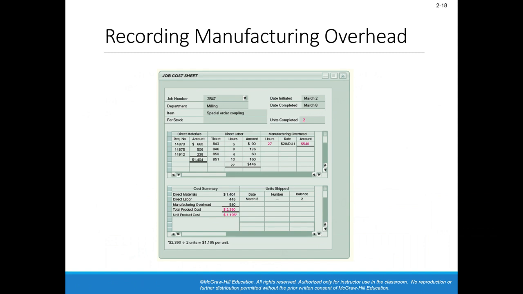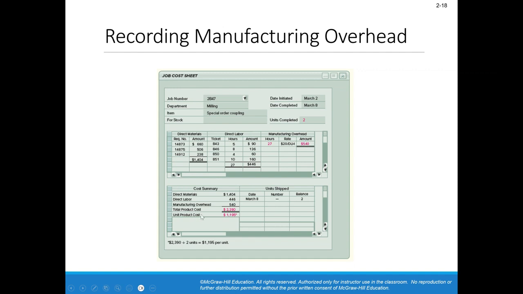And you can see here, this is job order 2B47. We have the direct materials that total 1,404. We have the direct labor hours of 27 hours, and that totals 446. And then we're going to apply that 27 hours of overhead at $20 per direct labor hour. And so that's $540.